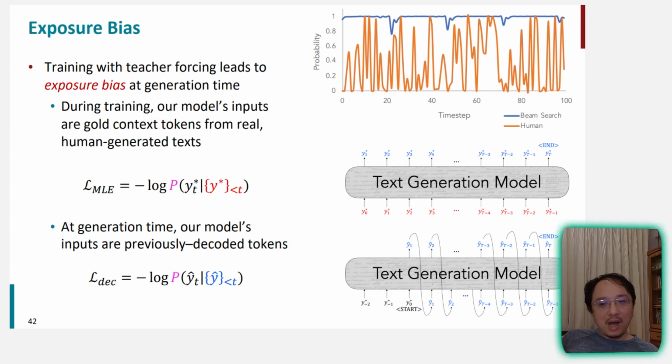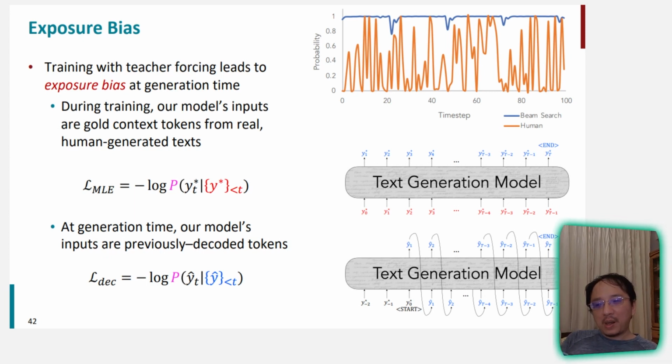But there is an obvious, maybe we can say, potential issue that occurs in training time. That is, we are actually feeding different input to our model in training time and in inference time.